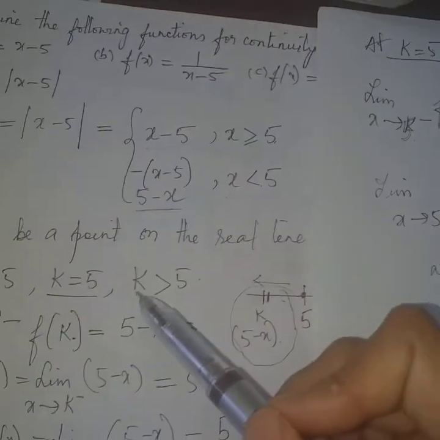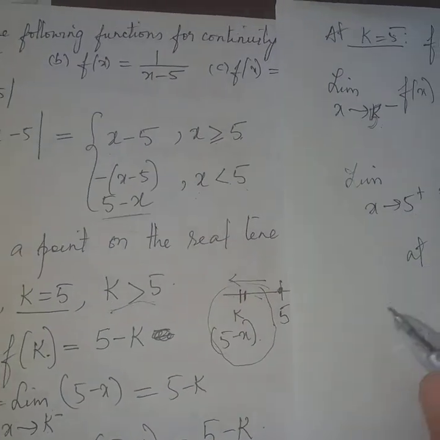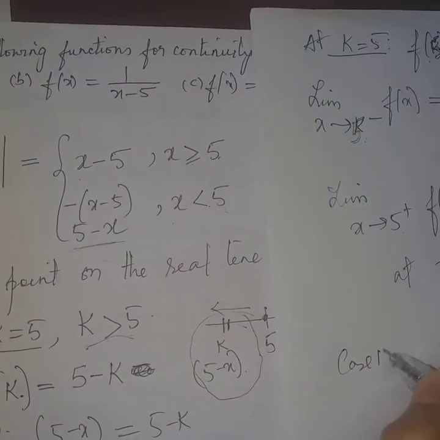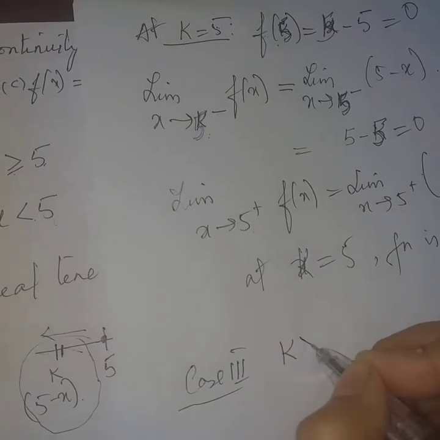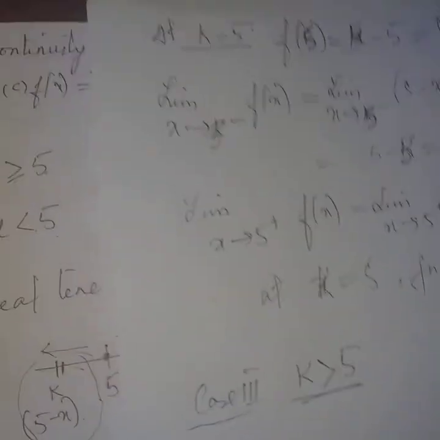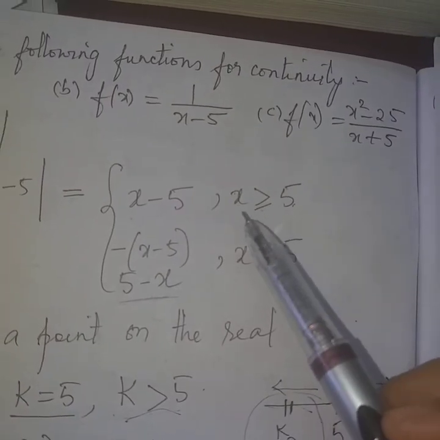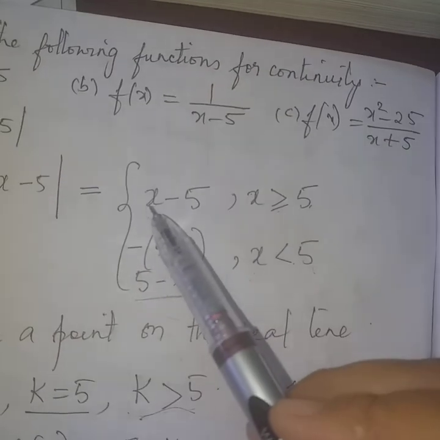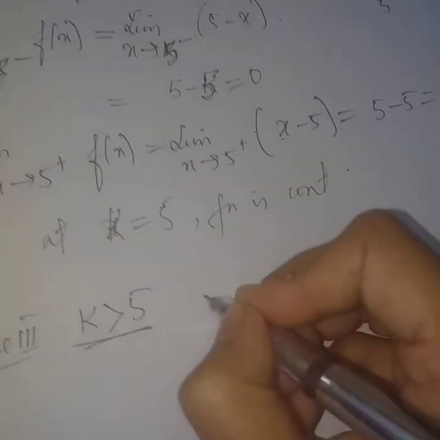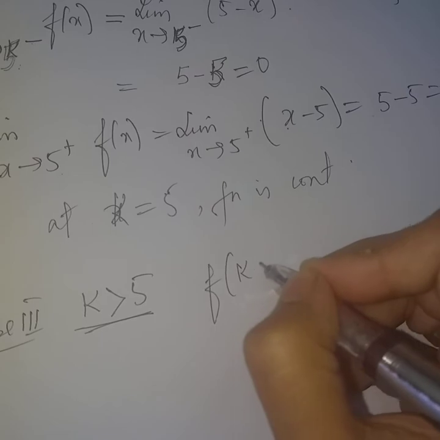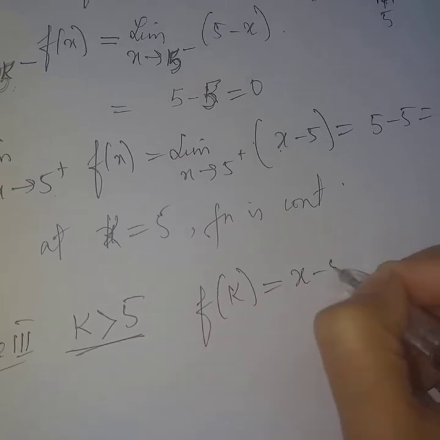Now our third case, we have to check at k greater than 5. At k greater than 5, the function is x minus 5.